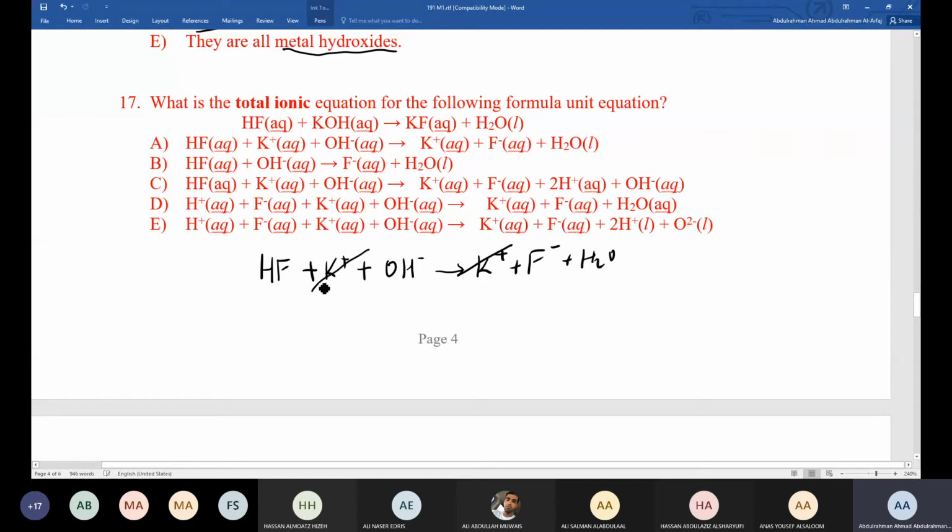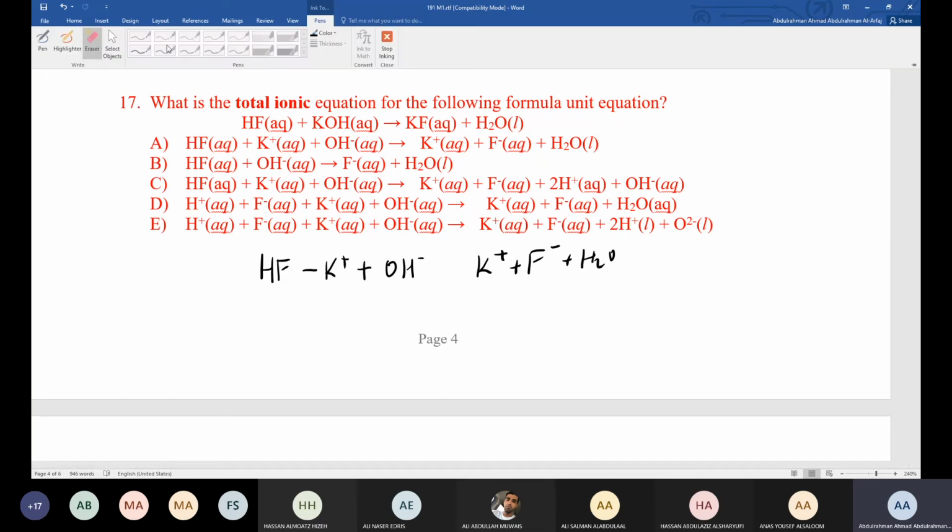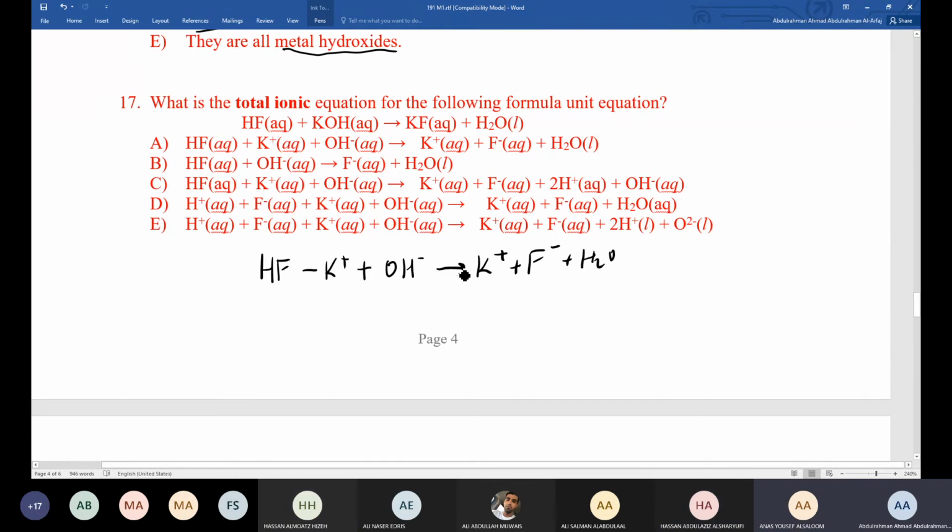Only this thing. Oh, he wants the total, not the net. Very good. So yes, this is the total. You keep HF plus K plus OH minus to give you K plus F minus plus H2O. So you keep the K as well. If you want the net ionic equation, then you take the K away. Is this clear? Clear, yes. Very good.